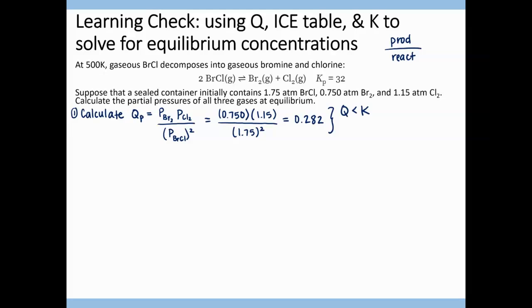So that's greater than 1. That's a high partial pressure of products compared to reactants. Right now, it's at 0.282. That's a low partial pressure of products. So to reach 32, we need more products to be formed. And reactions always tend toward equilibrium. So it'll always tend toward the Q value being equal to K. So with Q less than K, the reaction will proceed to the right to form more products.